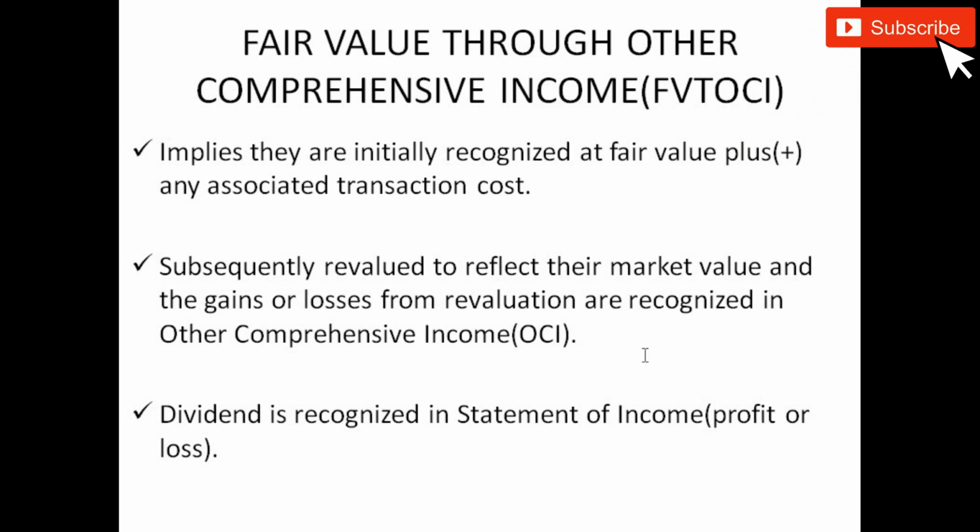The gains and losses are therefore to be recognized in other comprehensive income as opposed to fair value through profit or loss. So for financial assets classified through profit or loss, the gains and losses are recognized in the profit or loss or statement of income. But with fair value through other comprehensive income, the gains or losses are to be recognized in other comprehensive income.